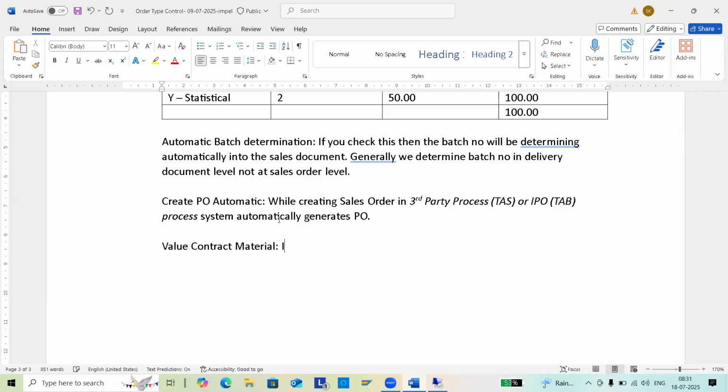Value contract material means if you maintain this, then the system will automatically determine it while creating a value contract general.